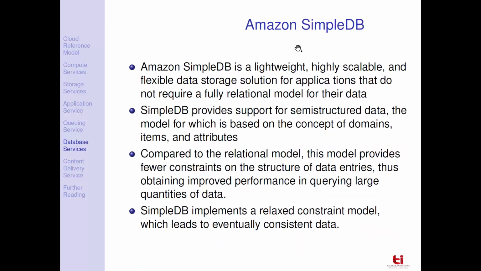Next, let us see what is Amazon's SimpleDB. Basically, it is a lightweight, highly scalable and flexible data store solution for applications that do not require a fully relational database model for their data. SimpleDB provides support for semi-structured data, the model for which is based on the concept of domains, items, and attributes.